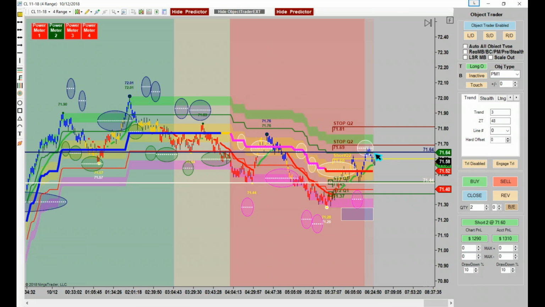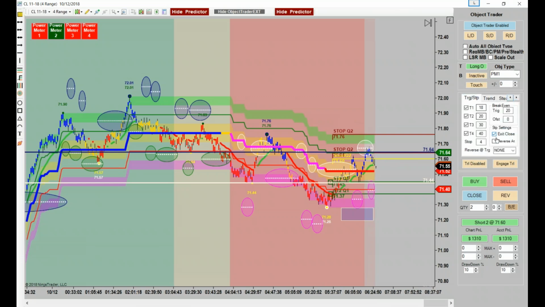Phantom to mid-band, your stop's in. You could even tighten it a little bit more. You got to swing right across there. I'd put exit on close. Still is. All right, see, that's at mid-band right there, so I'd probably protect one at mid-band.